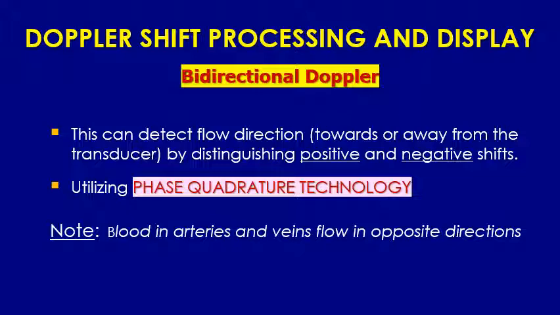So is it a positive or a negative shift? A positive shift tells that the flow is toward the transducer. A negative shift tells that the flow is away from the transducer. So this phase quadrature brings me information about the direction of the flow.